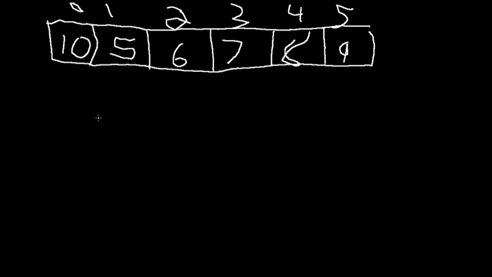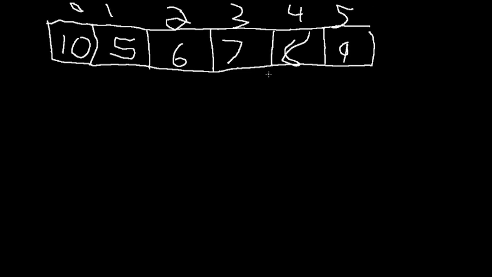I could have a tablet, but my handwriting is probably not much better. Let's say we want to sort this particular array in ascending order, so from smallest to biggest. Not descending, that would be biggest to smallest, but we want ascending.